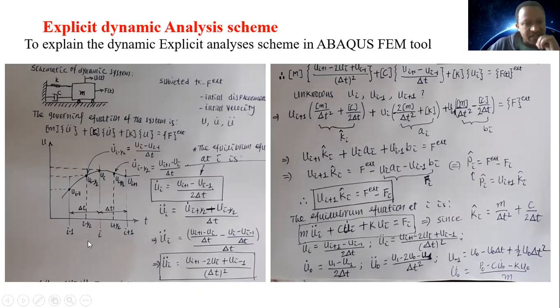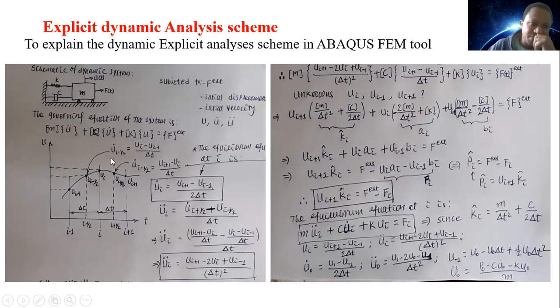The interval from i minus 1 to i plus 1 is 2 times delta t. Then we take the u values for i minus 1, i minus 1/2, i plus 1/2, i plus 1, and manipulate them for displacement.